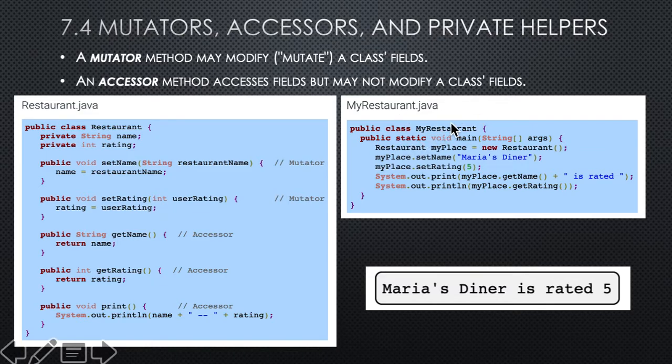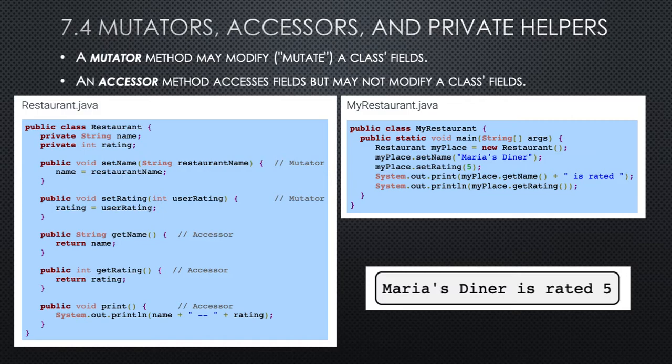In another program, you declare set name, set rating, and the printout statement, and from here the program is being called and printed out. Another name is also setter and getter. You set the name and you get the name.